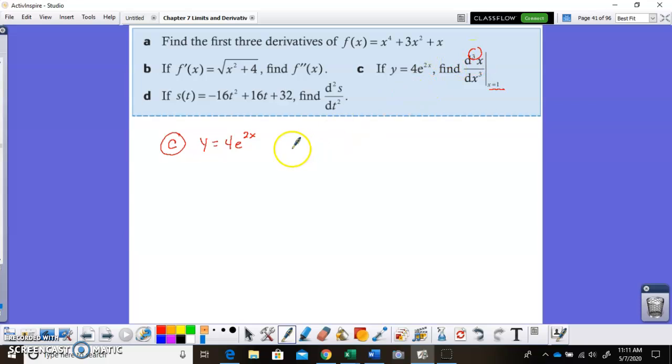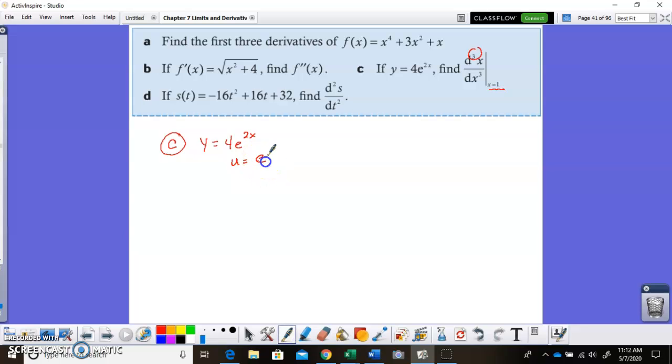In order to find the third derivative, I have to find the first two derivatives. So I see this being raised to another function. This is telling me to use the chain rule. Okay, so u is equal to e to the v, right?